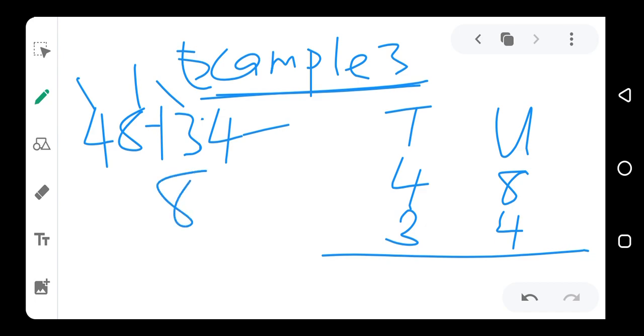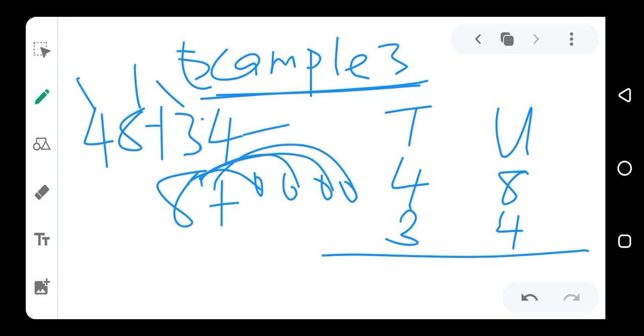We already have 8, then plus 4. Now it becomes 9, 10, 11, 12. So 8 plus 4 is 12. 1, 2. Now we write 2 under U.